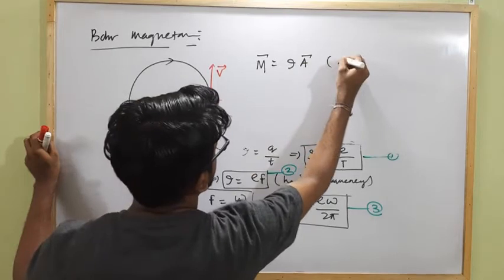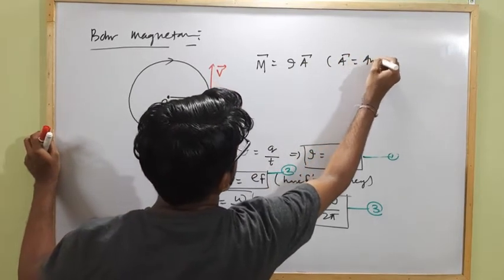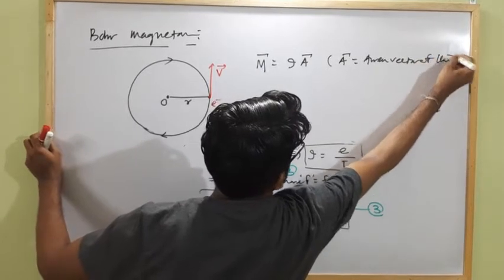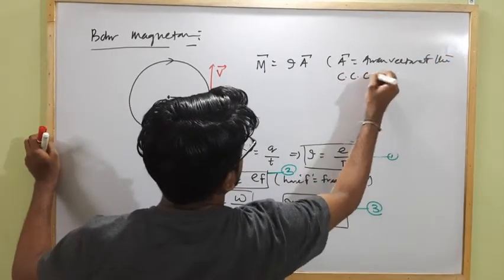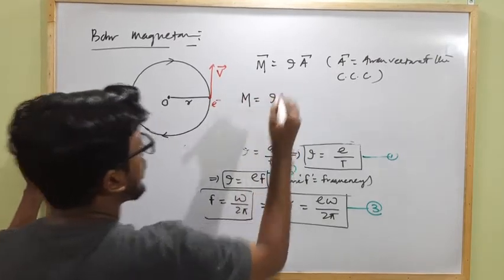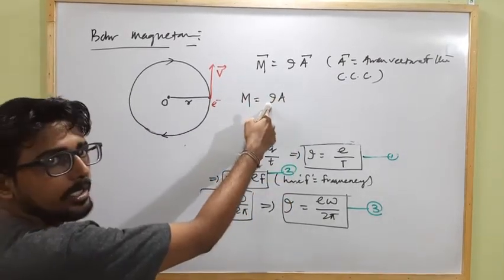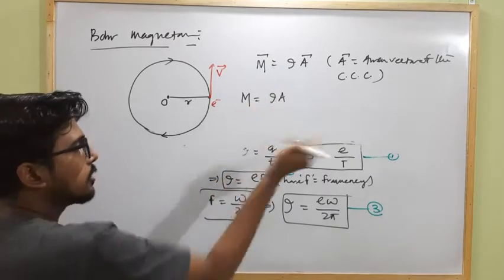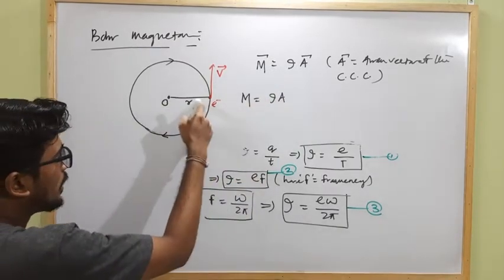What is A? Here the A vector is the area vector of the current carrying coil, or simply the magnitude will be I into A: the current flowing through the coil into the cross sectional area of the coil. So here the orbit is of radius r.